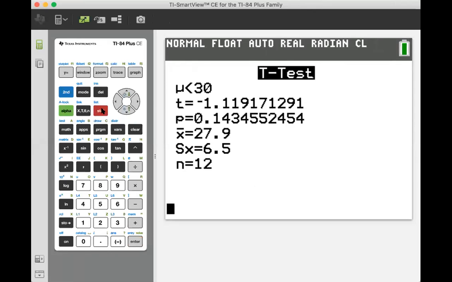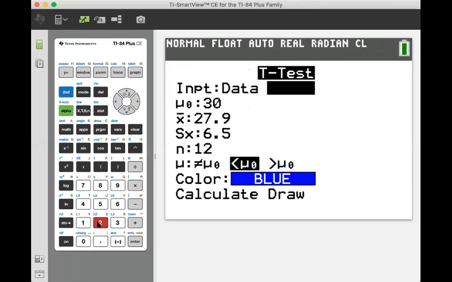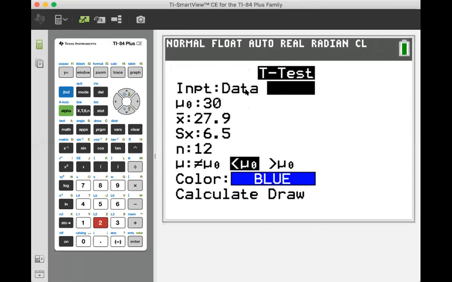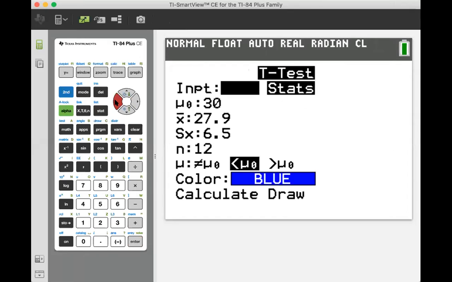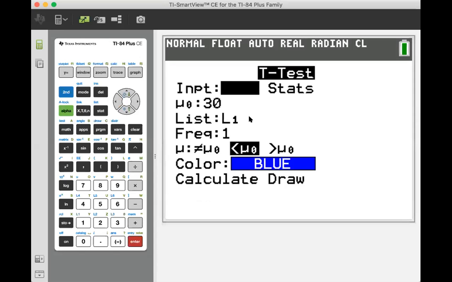When we run the test, stat, right arrow to tests, and number 2, we have an option of data or stats. Stats we would use if we knew what x bar is, what Sx, the sample standard deviation, is, and the sample size, but we don't in this case. So we're going to arrow over to data and hit enter to make sure that is selected.